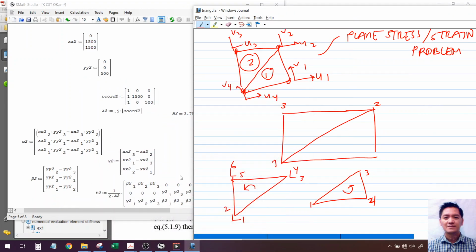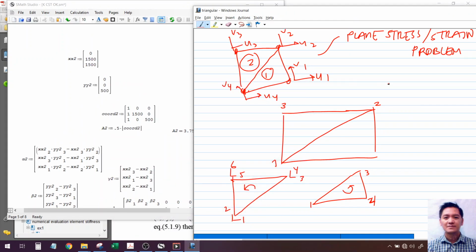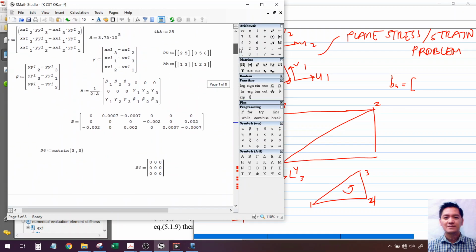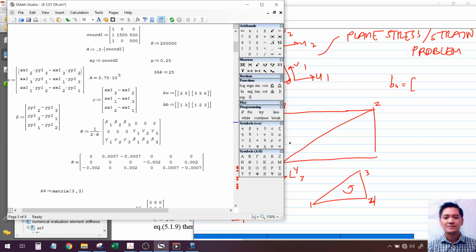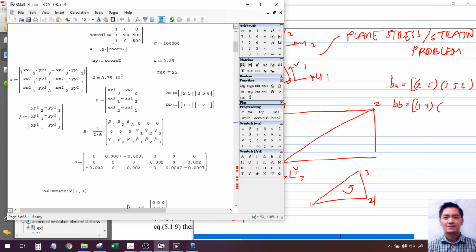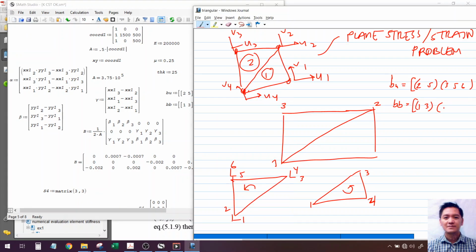Okay, so my BU is equal to, let me see, 2, 5, 3, 5, 6. So that is 2, 5, 3, 5, 6, and my BB matrix is 1, 3, and then 1, 2, 3.